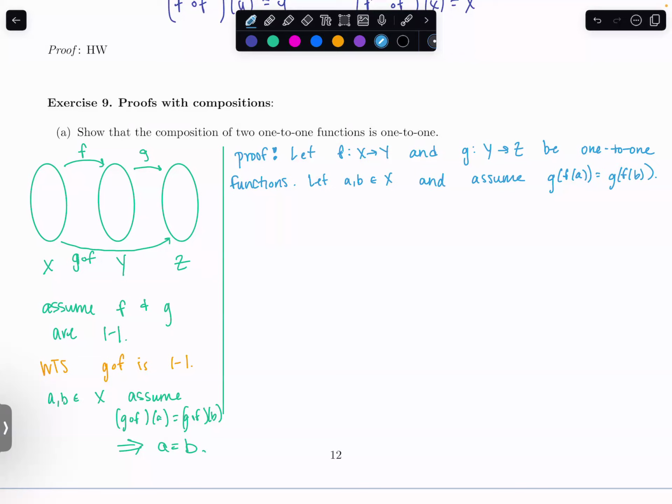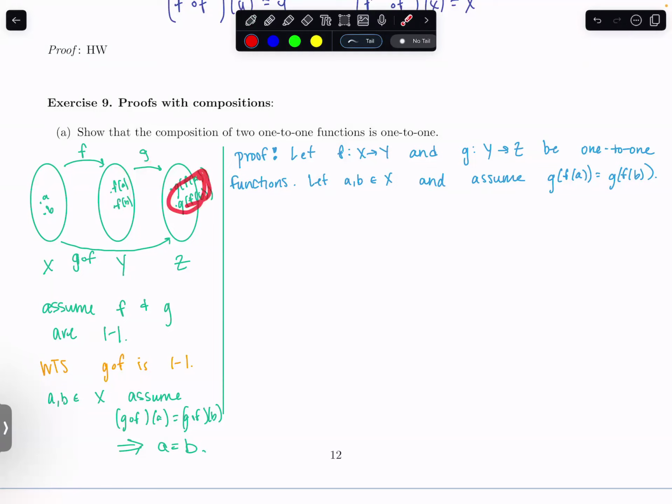Okay, so I'm going to go back over to this diagram. We've got a and b over here, right? We're going to confirm that they're the same spot, but right now, whatever, they're right there. Here you have f of a and f of b, and here you have g of f of a and g of f of b. Now, these two elements are sitting inside of the domain of g, right?